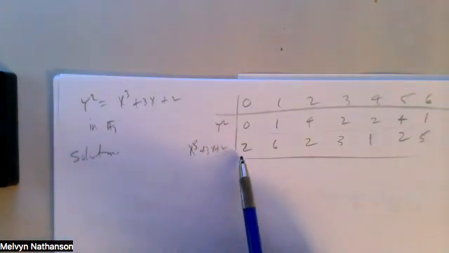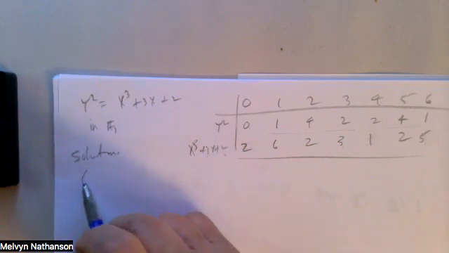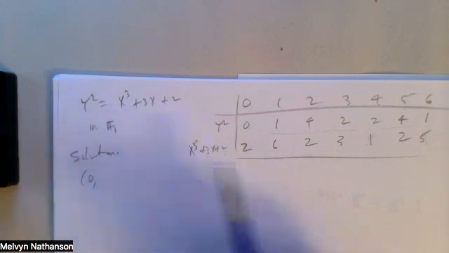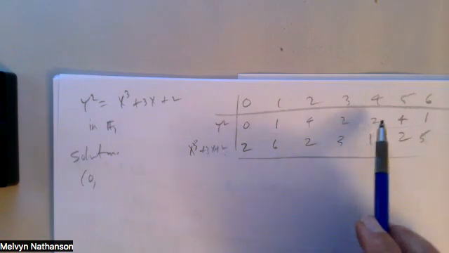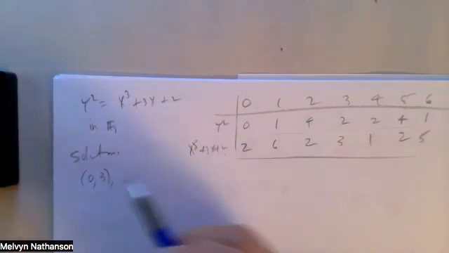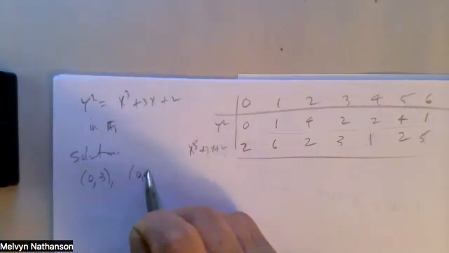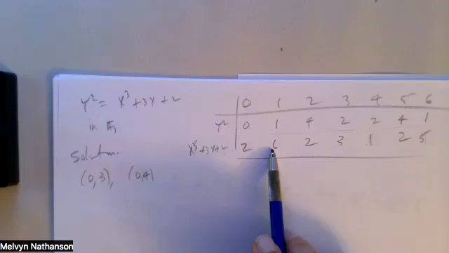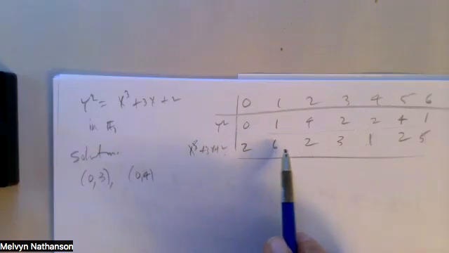So when x is 0, the right-hand side is 2. When x is 3 or 4, the left-hand side is 2. We get (0, 3) and (0, 4). When x is 6, there's no y squared equals 5.